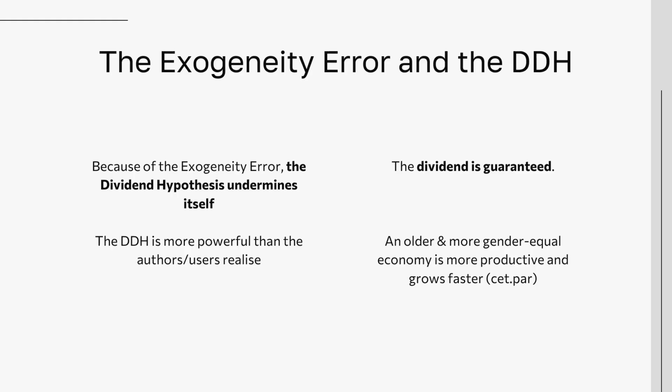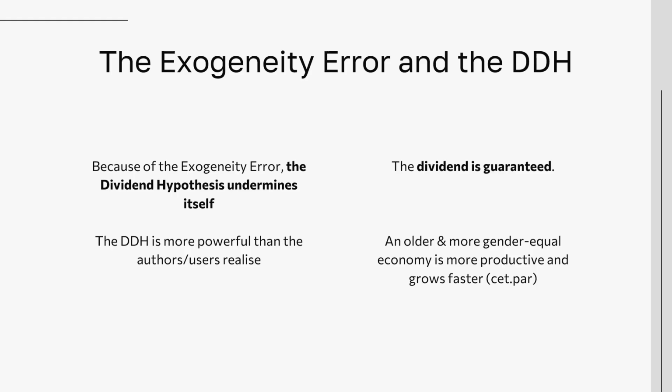And so because the dividends are guaranteed, the dividend hypothesis ends up being a lot more powerful than the initial authors and current users actually realize. In effect, an older and more gender-equal economy is more productive and will grow faster, ceteris paribus.